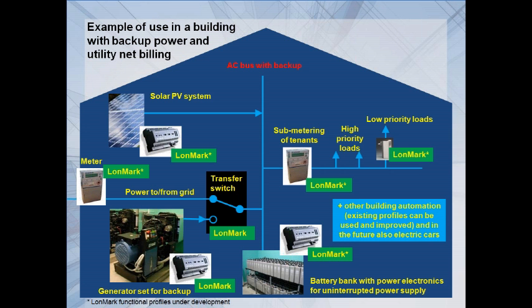Here I have shown how you can add a solar PV system, say on the roof of the building, which can feed the AC bus in the building, both during the normal situation when the ordinary grid is working, and during other situations when the grid has failed and when you might run the genset. On the right-hand side, you can see again a smart meter and load controllers.